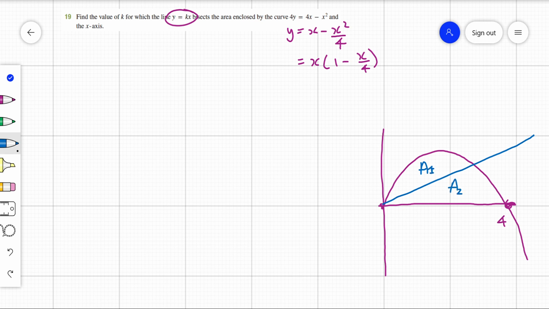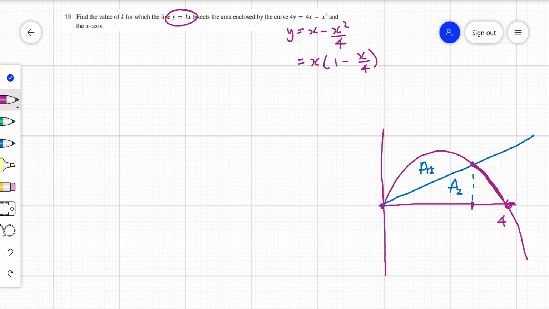So A1 and A2 have to be equal to each other. Now A1 is the parabola minus the straight line, and A2 you can see is a triangle, and then from then on it's the area under the parabola. So we really need to know what this x value is here.